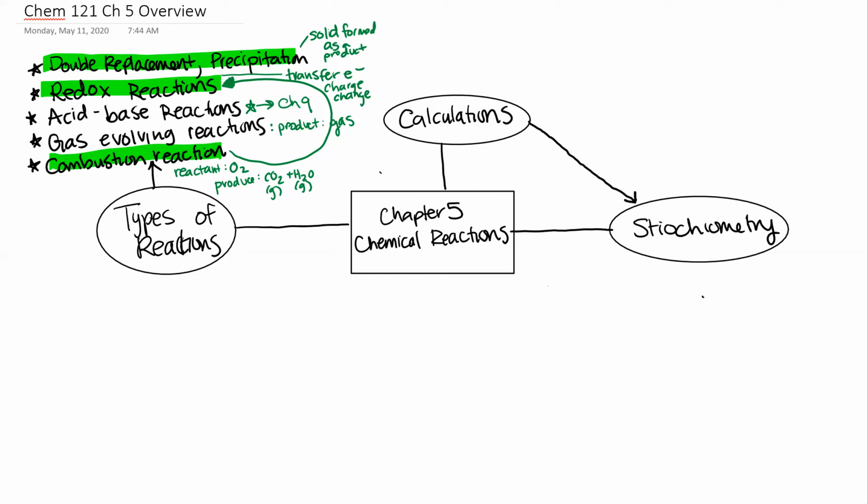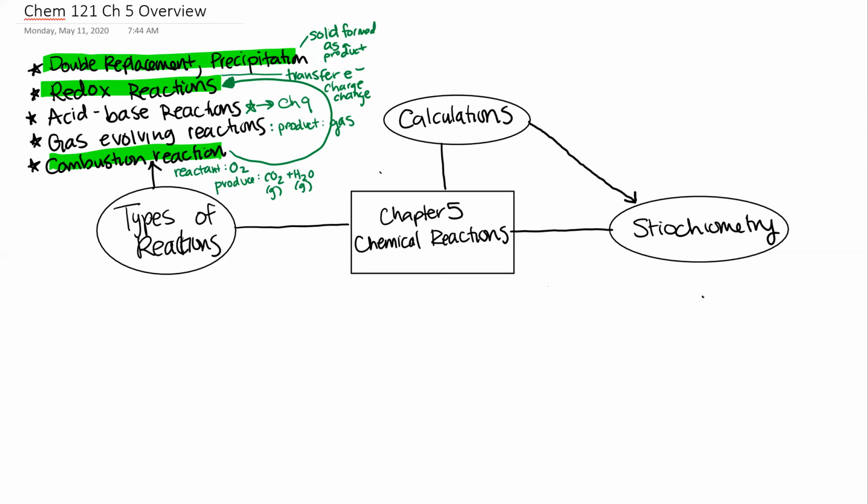So a big part of this is going to be recognizing these reactions and being able to look at one and identify it as a precipitation reaction or redox reaction. And so hopefully those little hints are helpful. And I think it's a good idea to go through these reactions and decide what you're looking for in each one if you're going to evaluate an unknown reaction to decide what type it is.